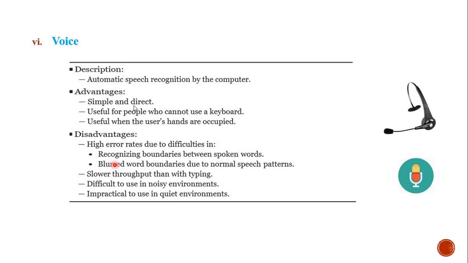Whatever you speak will be represented in a textual format. You can see that some mistakes have happened while speaking. Then you can correct it and you will have to give the input again, one more voice input. So there are chances of high error rates.